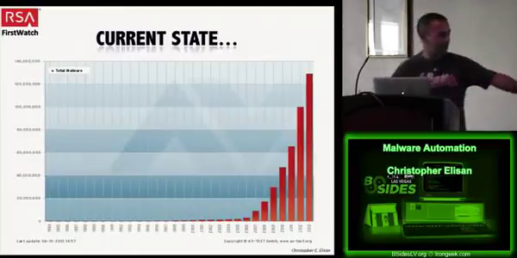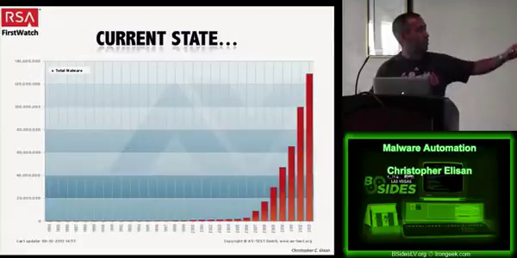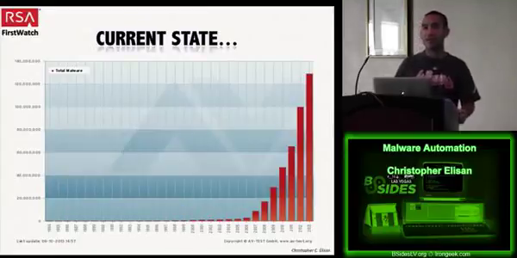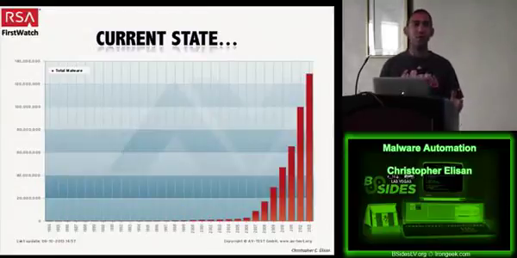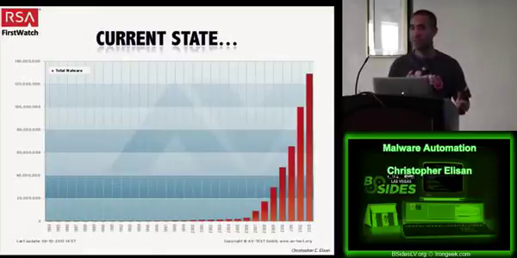This one was last updated on June 6th of this year, and there's almost more than 30 million difference from last year. The year has not yet ended, but there are already 30 million more samples that have been discovered. The keyword there is discovered. This doesn't account for the malware samples that haven't been discovered yet.